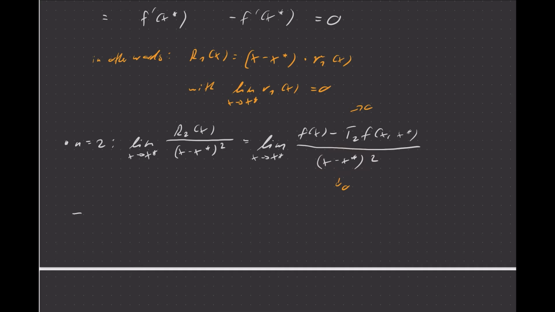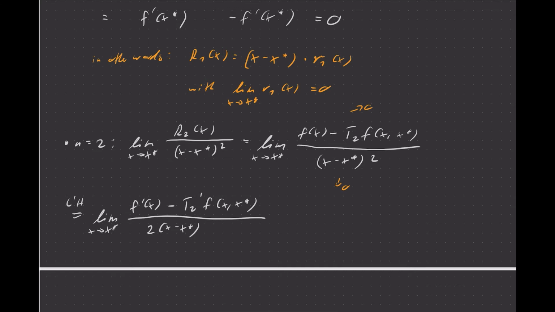So if we do that, for the numerator, we get f prime of x minus T2 prime of f at x star, so the derivative of the Taylor polynomial. And for the denominator, we simply get 2 times x minus x star.